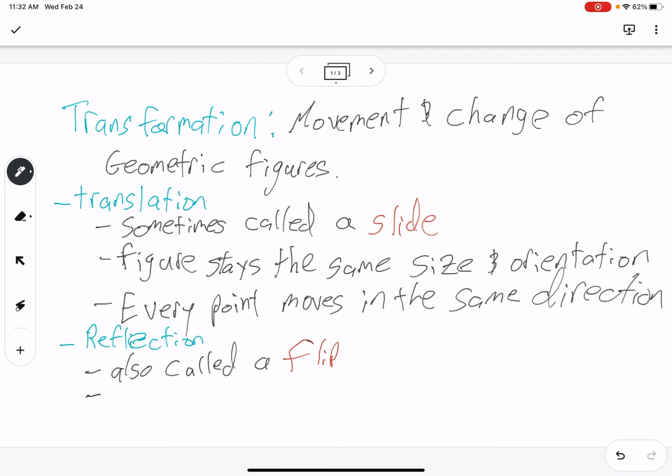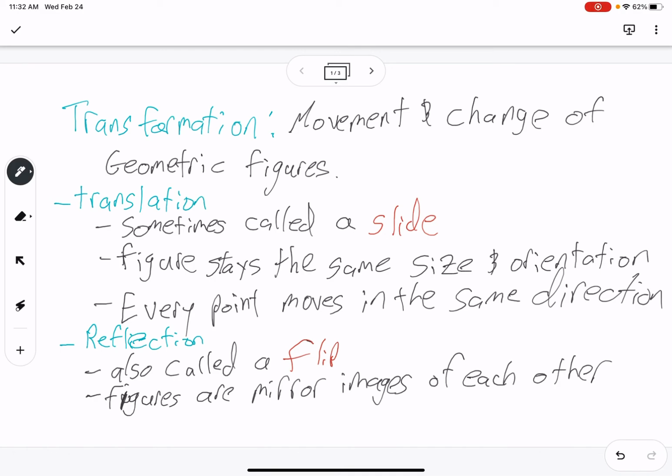The figures are mirror images of each other. They stay the same size, but not the orientation.